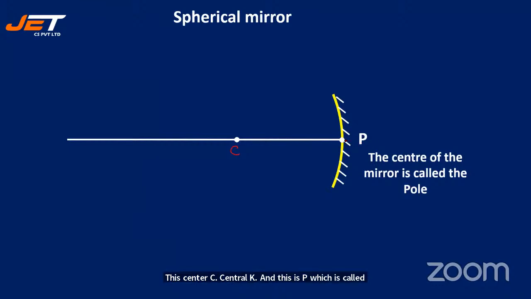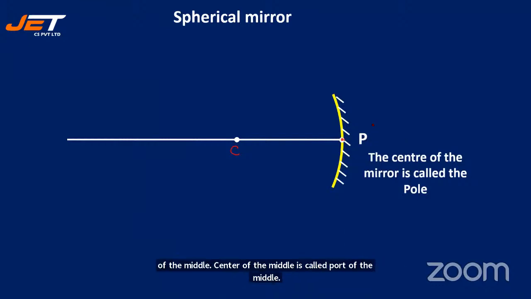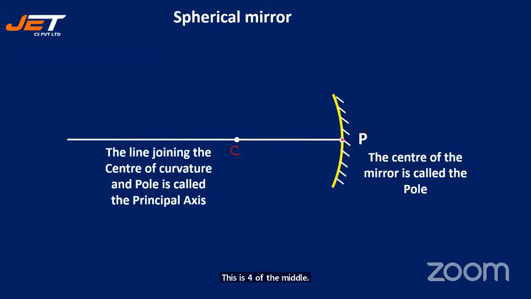The center of the mirror is called the pole of the mirror. The line joining the center of curvature and the pole is called the principal axis. So the center of curvature comes from the sphere, the center of the mirror is called the pole, and when we join these two we get a line, which we call the principal axis. Okay.